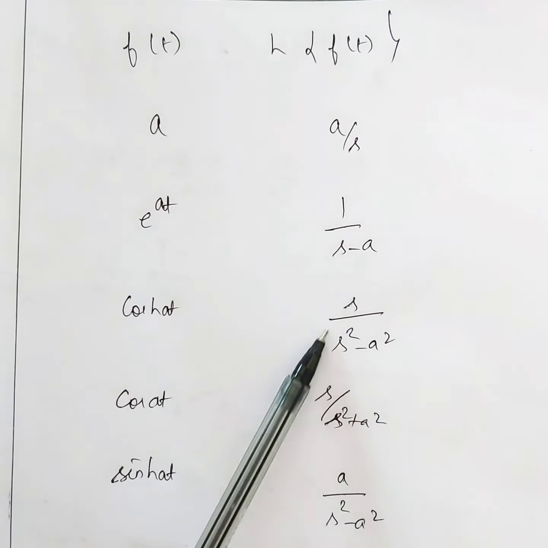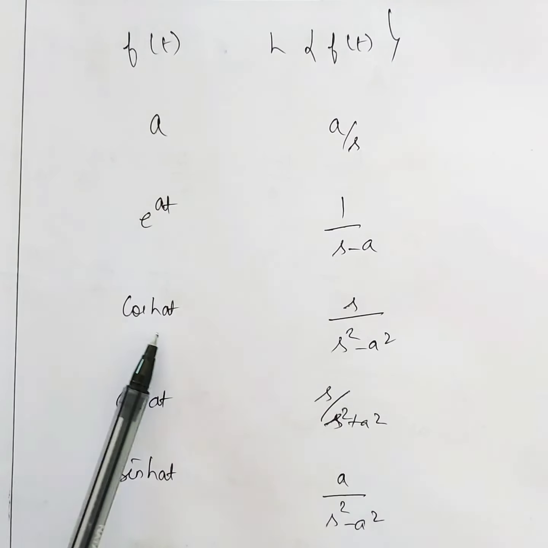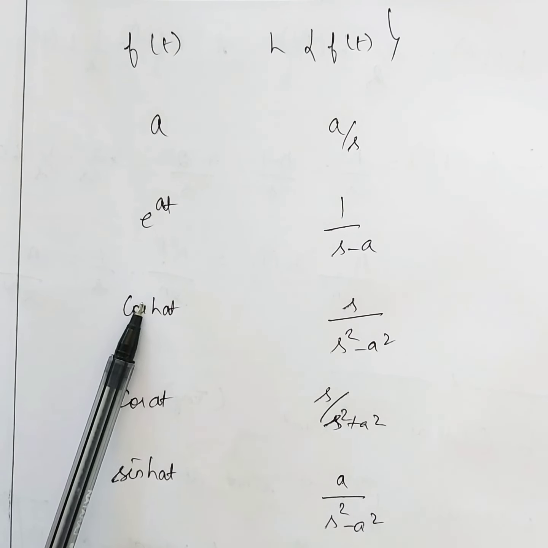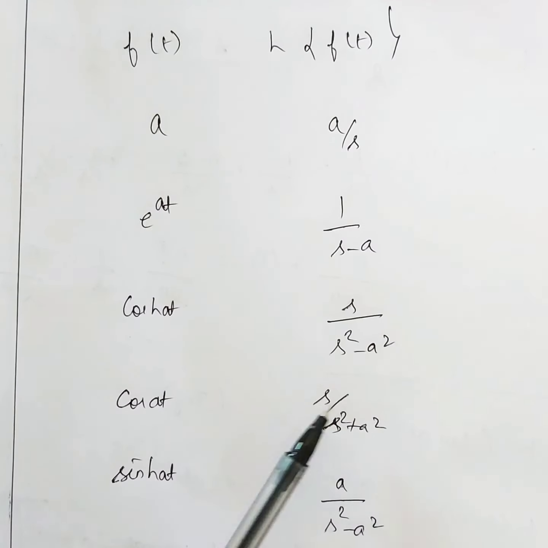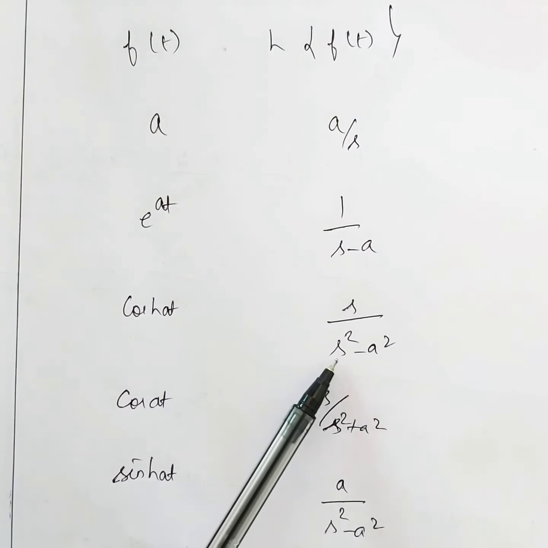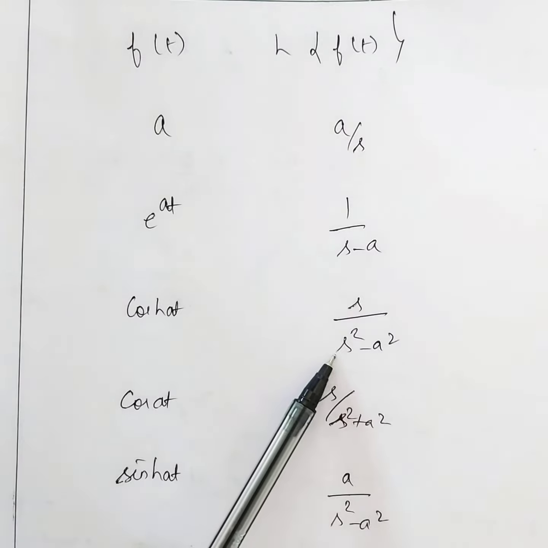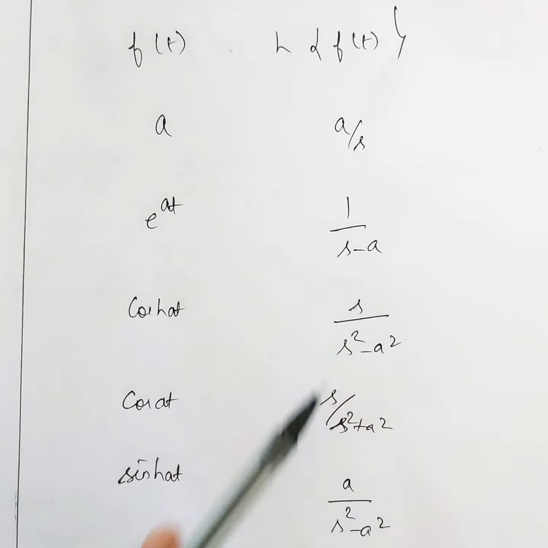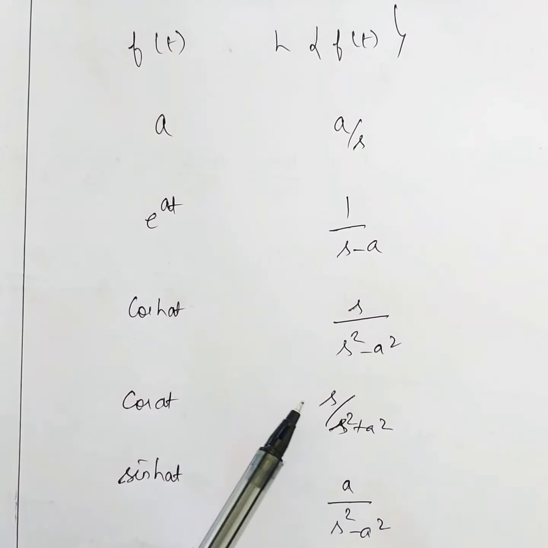Remember the logic why we got a negative sign here? Because hyperbolic is e power at, e power minus at. The formula is a combination of plus and minus. That is why a plus b, a minus b, denominator a square minus b square is coming. Because in the examination you will get a doubt whether it's positive or negative. You may get confused between these two. Numerator is the same.